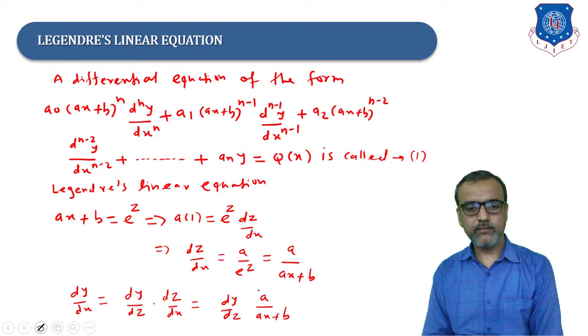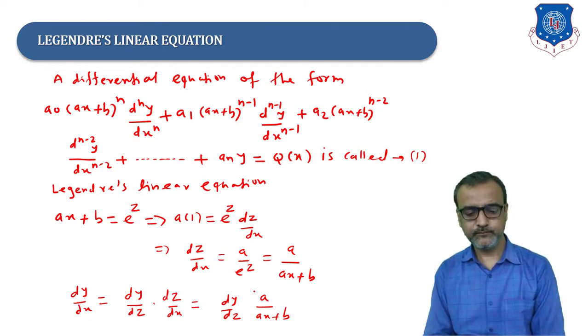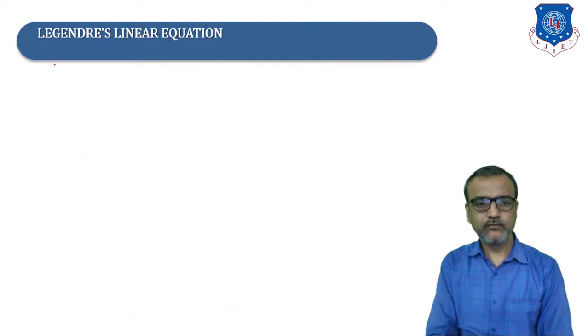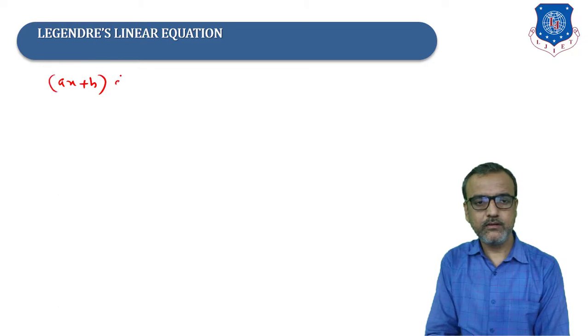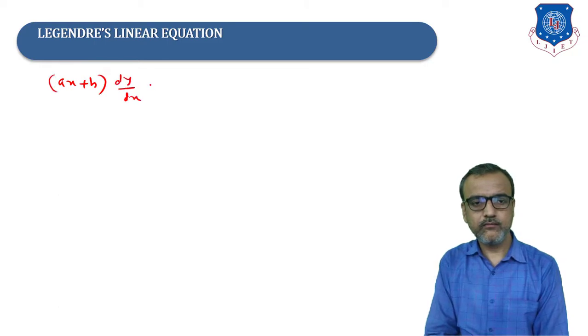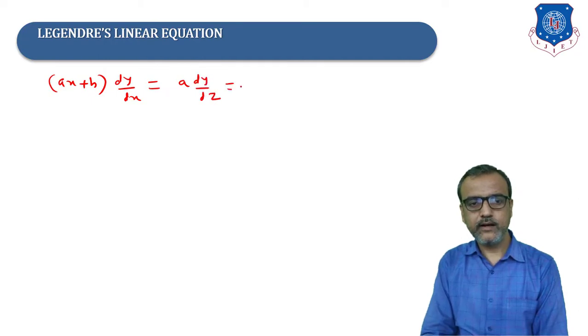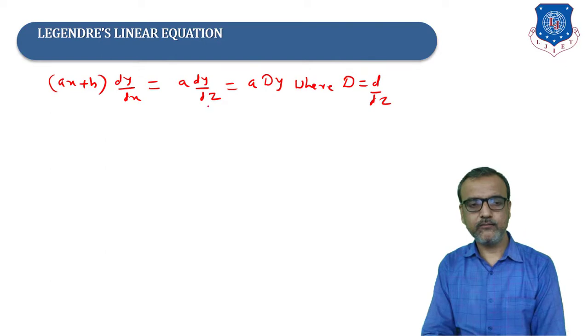Now multiplying this equation by ax + b, we have (ax + b) dy/dx = a dy/dz = a Dy, where D = d/dz.